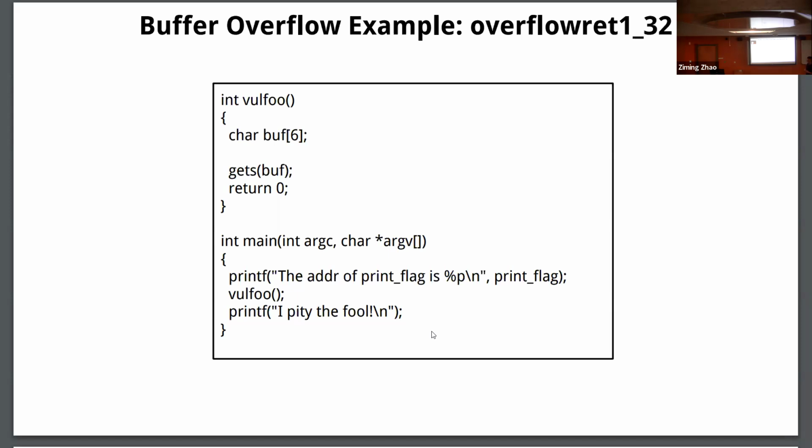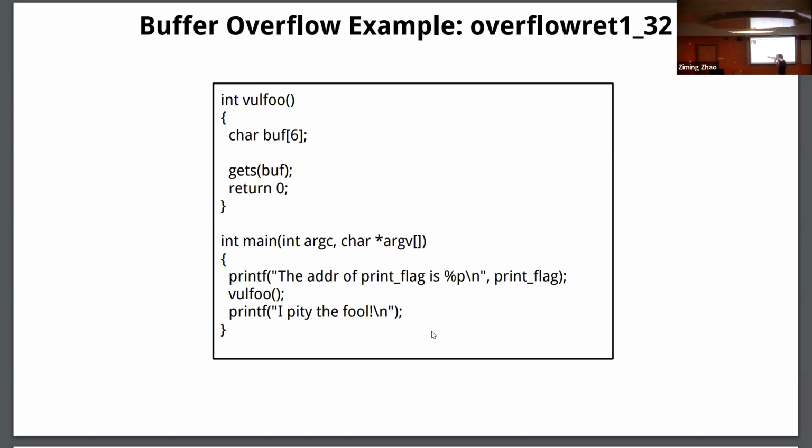So this week you still have the luxury of this function. Next week we will not have this function anymore, because obviously when you hack real-world production software, they are not going to have convenient functions like that for you, right? So it prints out the address for you. Then we call the vulnerable function, vul_foo.